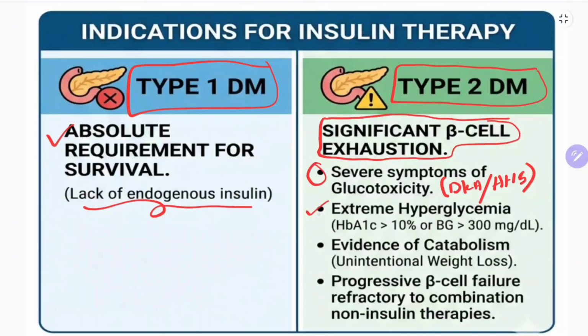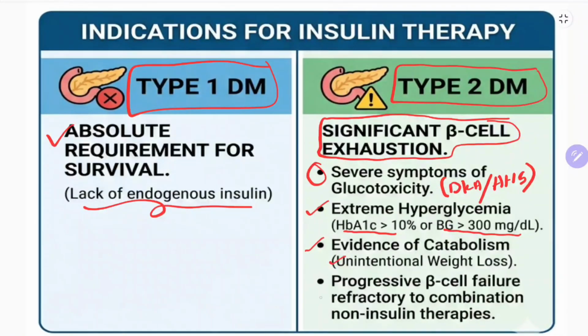The second indication is extreme hyperglycemia, for example when the patient has HbA1c more than 10% or blood glucose level more than 300 milligram per deciliter. At that time also you will start insulin. The third indication is evidence of catabolism.